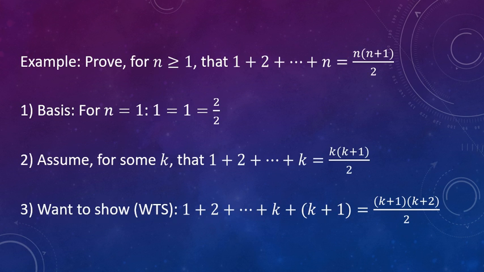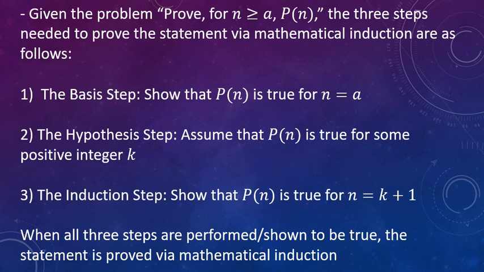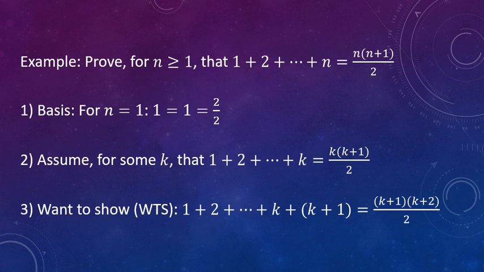Recall that the third step is that we have to show that the statement that we were given is true for when n is equal to k plus 1. So, what is it that we have to show? I have to show that the sum of the first k plus 1 whole numbers, or our left-hand side here, is equal to this thing, except with k plus 1 plugged in.